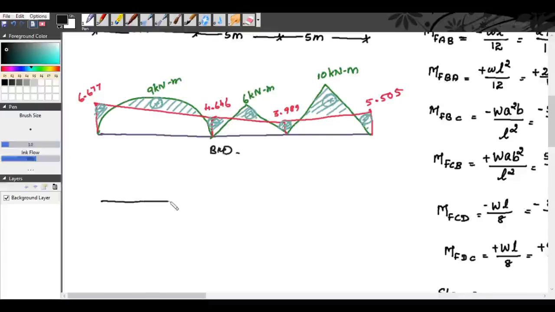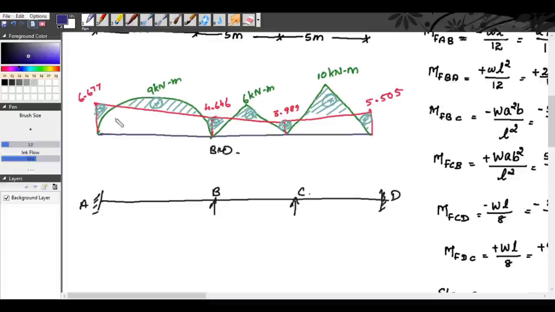Now we will draw the deflection diagram. So for the deflection diagram, this is A, B, C and D. We have points of contraflexure at these points.